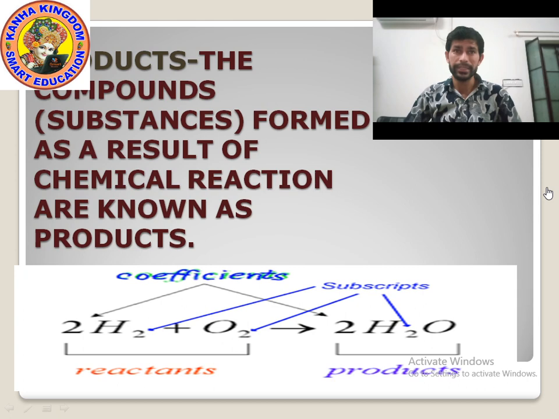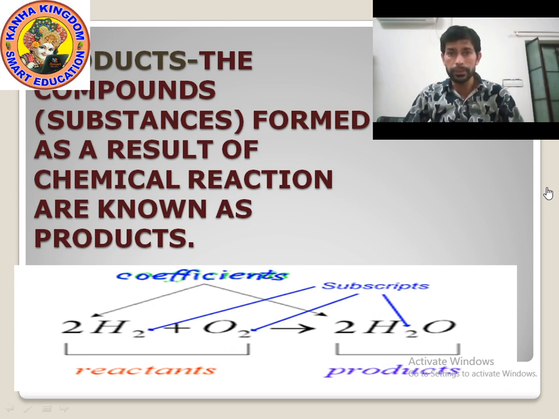Actually, a coefficient tells us how many molecules are present. You can see on the screen 2H2. 2 is written before H2. It means two molecules of hydrogen are participating in this reaction.